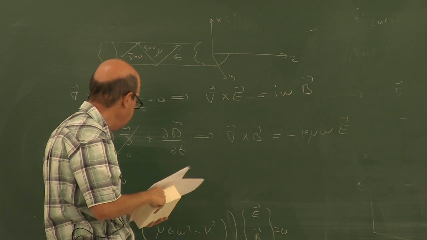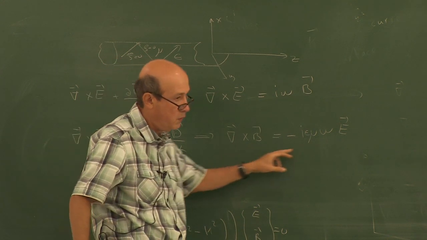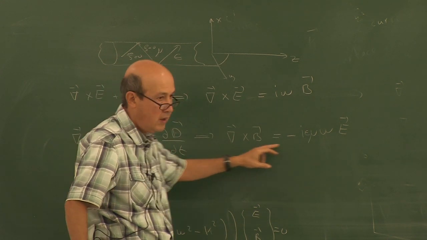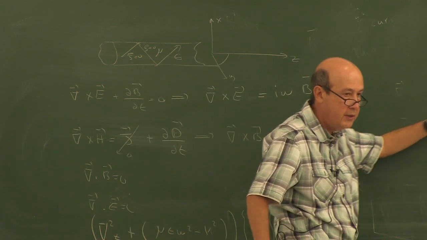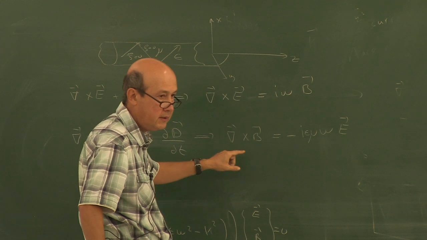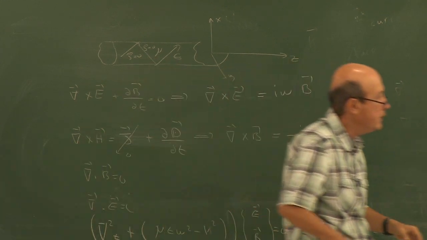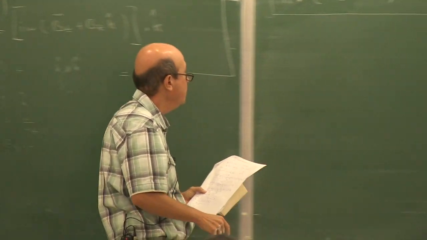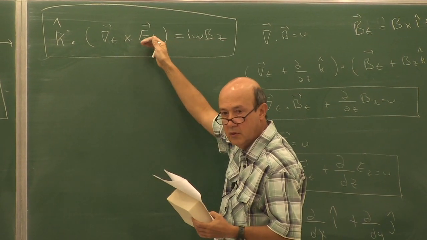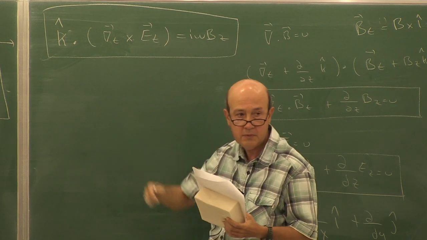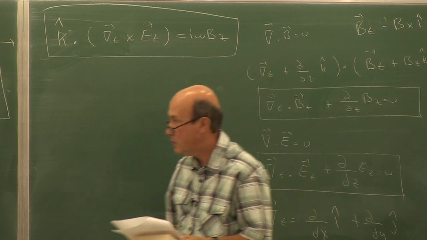If I want to take the longitudinal component of the Ampere's law, what can I write? If I do the same algebra here, what am I going to obtain? So what will be the Z component of the modified Ampere's law? This is the Faraday's law in longitudinal. So what am I going to obtain for the modified Ampere's law?